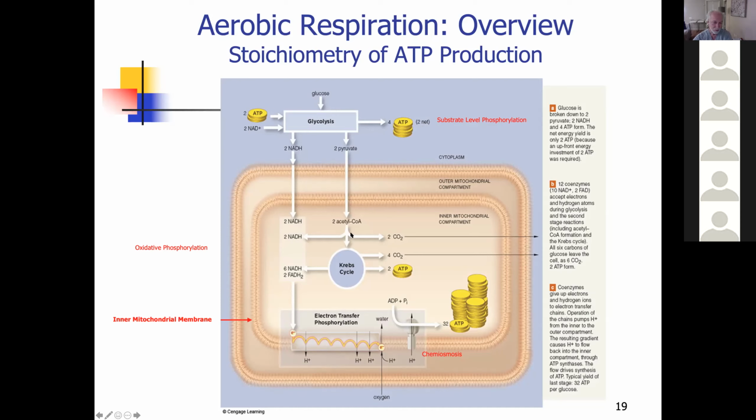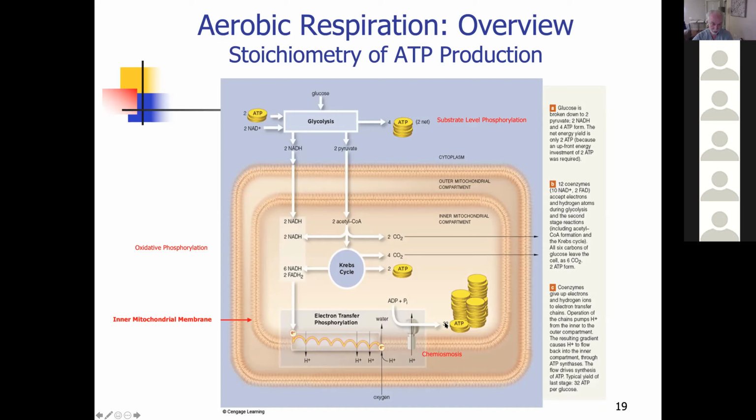Then if you go through the Krebs cycle, it generates another 2 ATPs at the substrate level, but then electron transfer and chemiosmosis generates 32 ATPs.